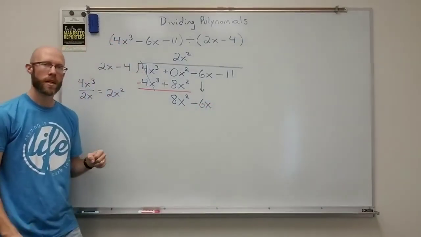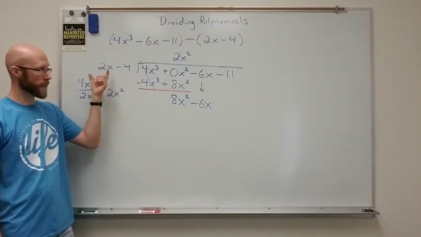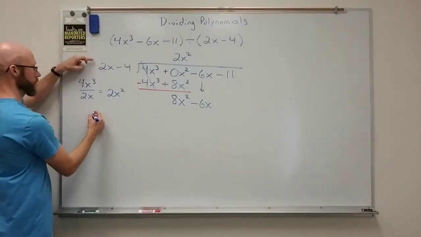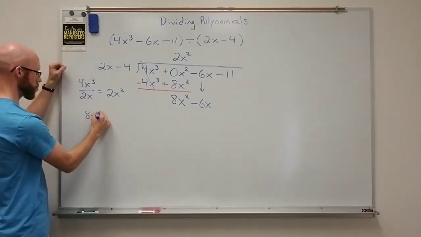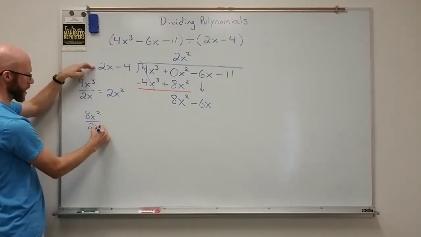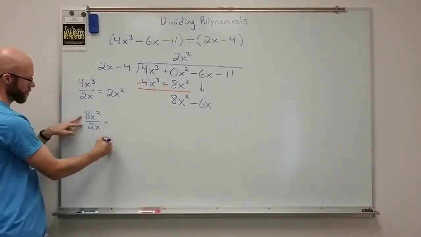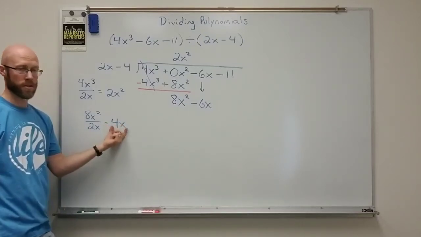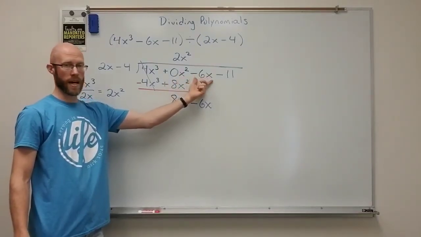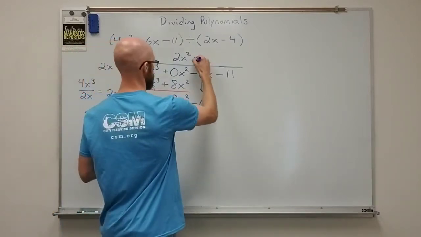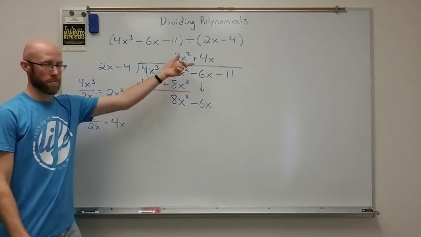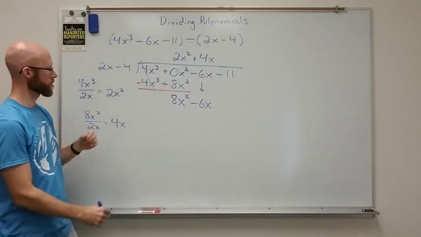Okay. Now, I'm going to again divide big term into big term. So we get, what's that? 8x squared divided by 2x. That'll be 4x. Okay. Because it's an x term, it goes above the x term. Put the 4x up there. 4x, and we multiply down. 4x times 2x is 8x squared.